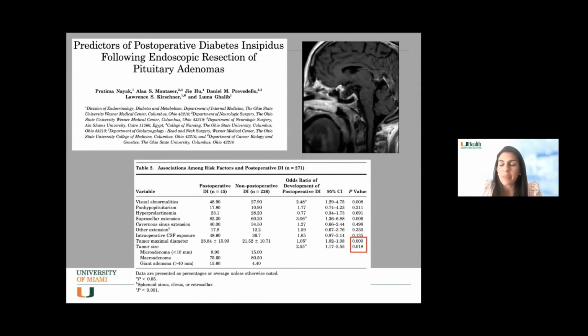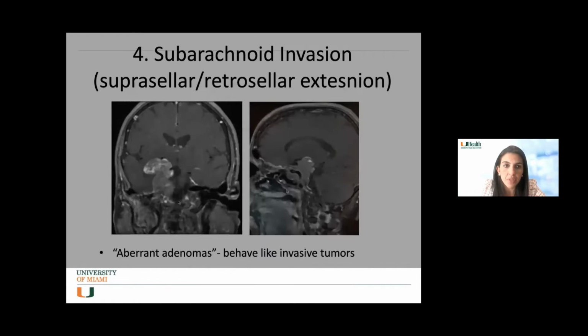The idea being that if you have these giant tumors and all of a sudden you have a sagging of the stalk, that can lead to worse DI postoperatively. So that's something to consider, whether or not tenting up the actual normal gland and the stalk would be beneficial. So that's another trick in pituitary surgery for these giant tumors that can be beneficial in terms of getting a resection.